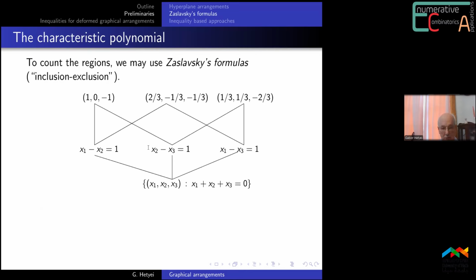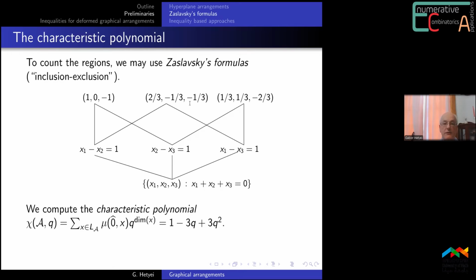I am just mentioning it in order to avoid confusion and in order to praise Zaslavsky for creating a framework where you don't need to know anything specific about the hyperplane arrangement at the beginning, but you can come up with formulas, and then depending on your specific arrangement, you can try to introduce combinatorics.